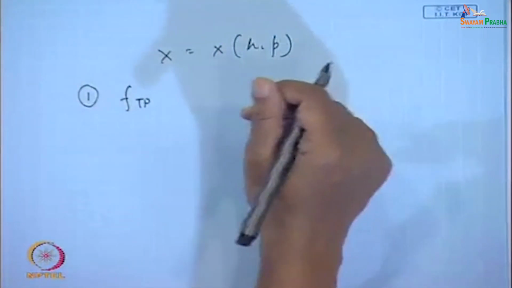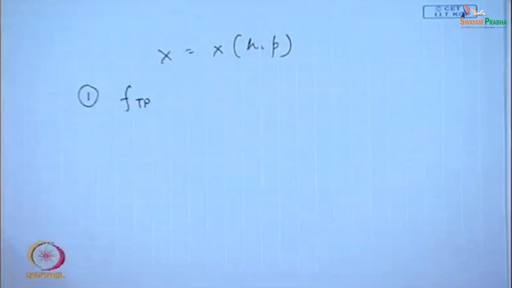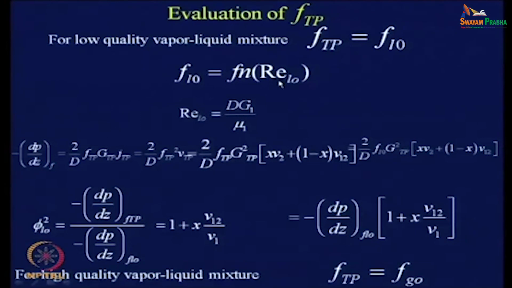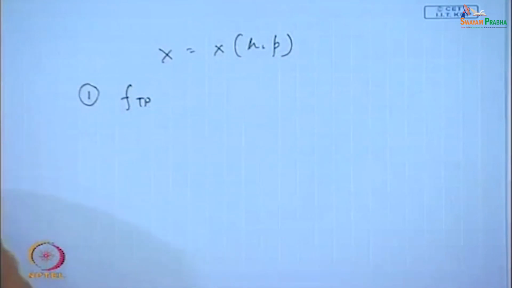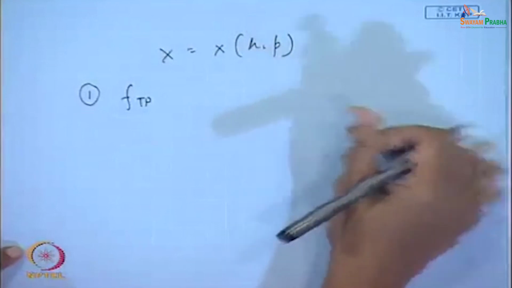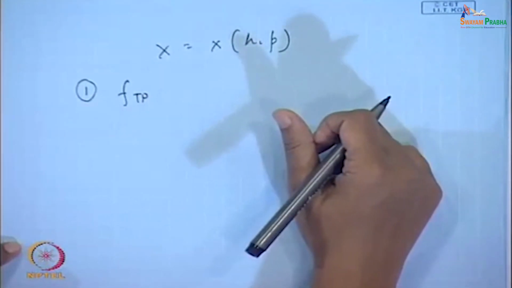So, the first thing which we can do, if we refer to this particular slide, we find that if it is a very low quality vapor liquid flow, under that condition what can we assume? We can assume that if it is very low quality, then probably the mixture behaves more like a liquid than a vapor, is it not?